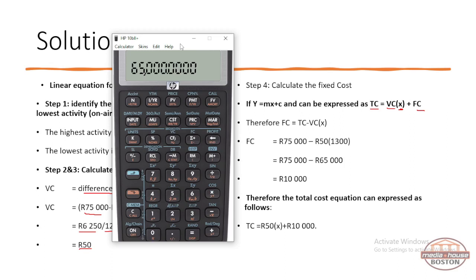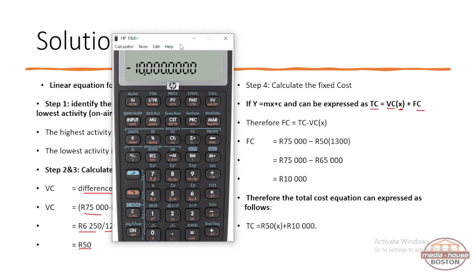So 65,000 represents the total variable cost for airing the show 1,300 times on the DSTV channel. So this is the variable cost. Because the show aired 1,300 times, we incur an additional cost of 65,000 for airing the show on DSTV. Then we subtract this from the total cost of 75,000.